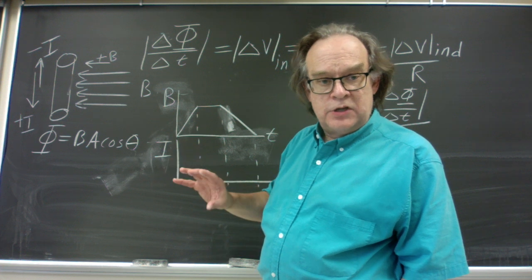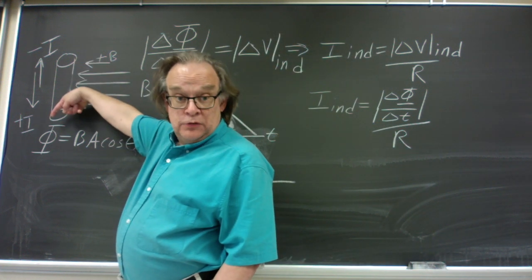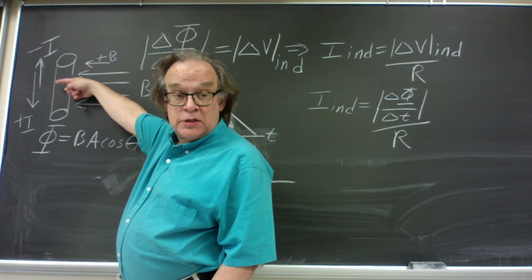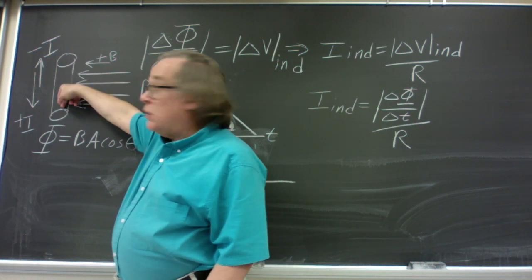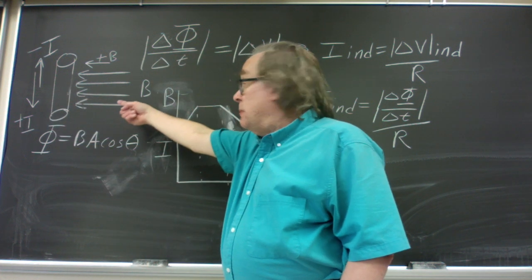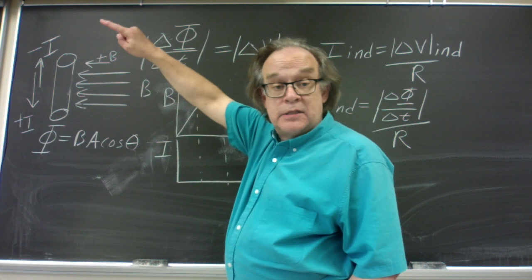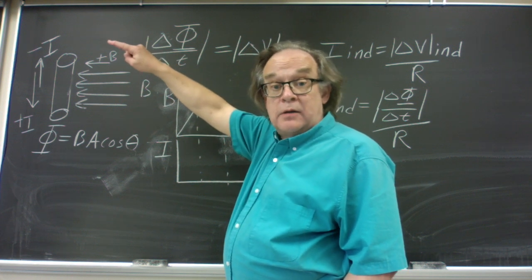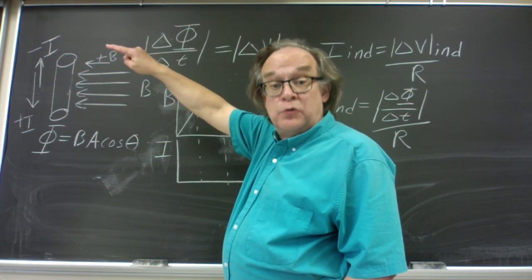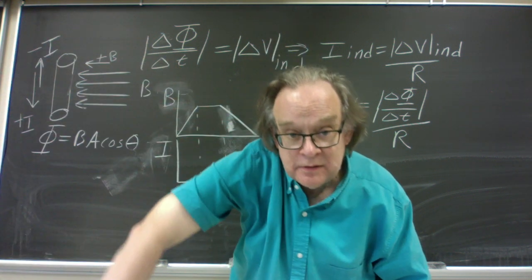Just to have our definitions clear, let's say that this is the front edge of the loop, the edge of the loop closest to us. If current is flowing this way through the front edge, then in the back edge of the loop behind the blackboard, it's flowing like this, and in the front half of the loop, on this side of the blackboard, it's flowing like that.